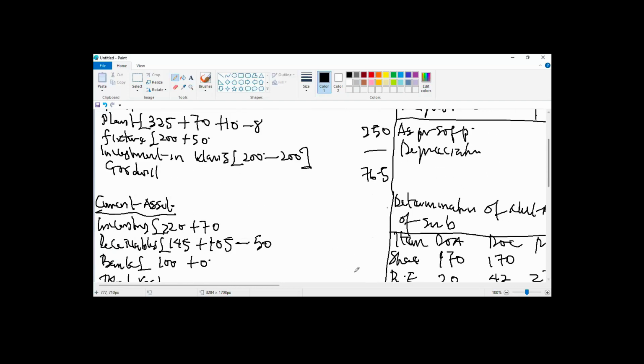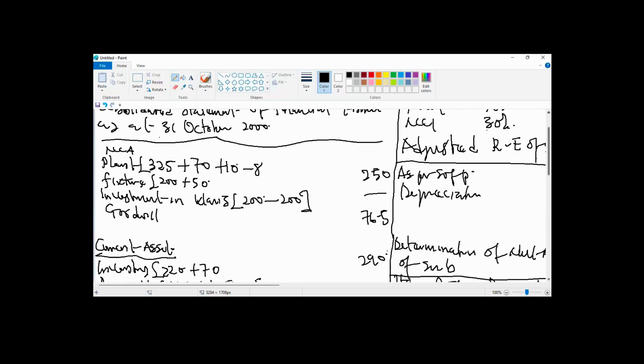Bank will give us 100. 220 plus 70, that's 290. What is the PPE? The plants: 5 plus 70 plus 10 minus 8, 397.